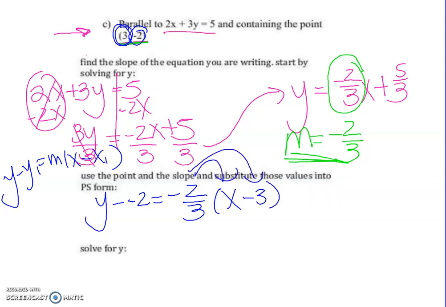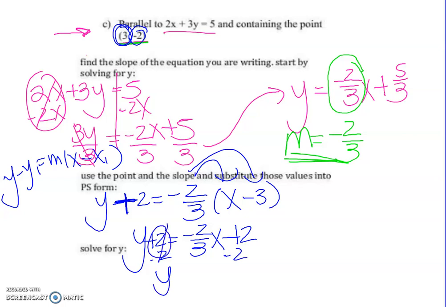Distribute. This is y plus 2 is equal to negative 2/3x plus 2. Subtract 2 from both sides. And you're left with y equals negative 2/3x plus 0, which is just this.